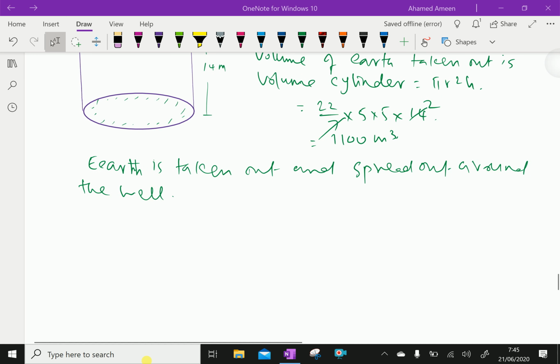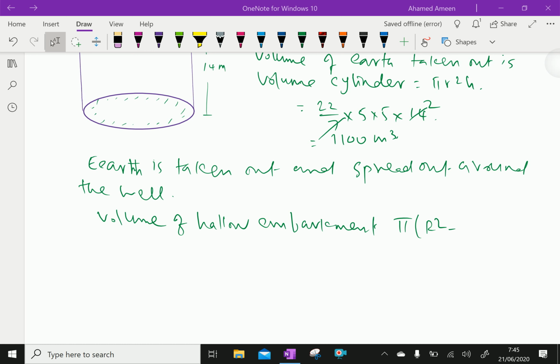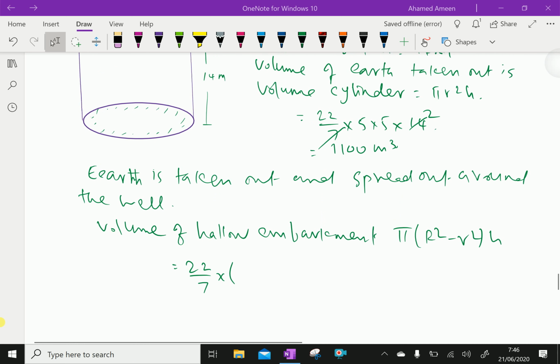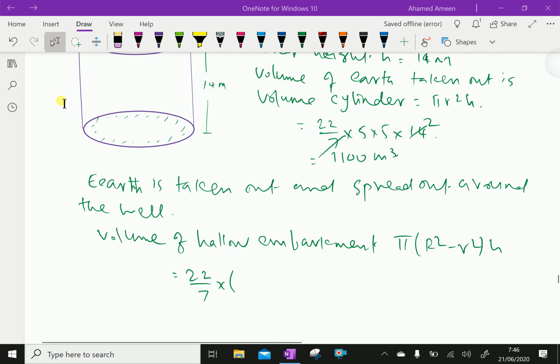Then volume of the embankment is pi into R squared minus r squared into h, which is 22/7. Here, actually the embankment is surrounding the well, outside.